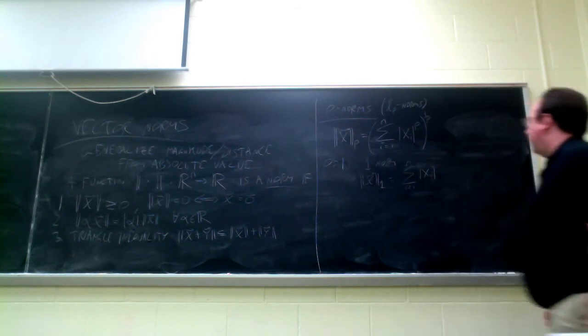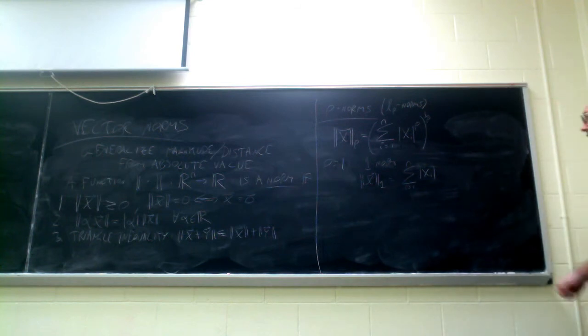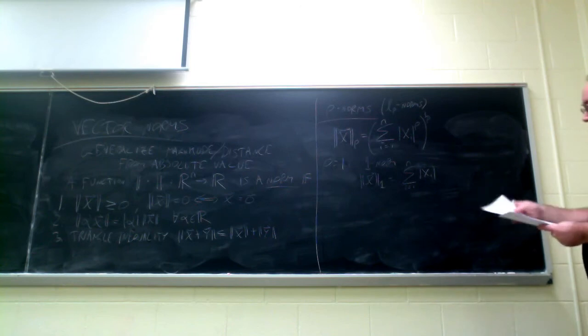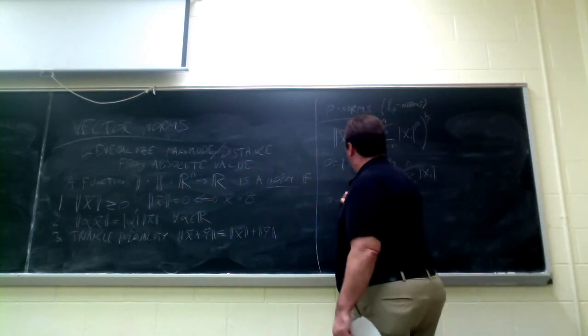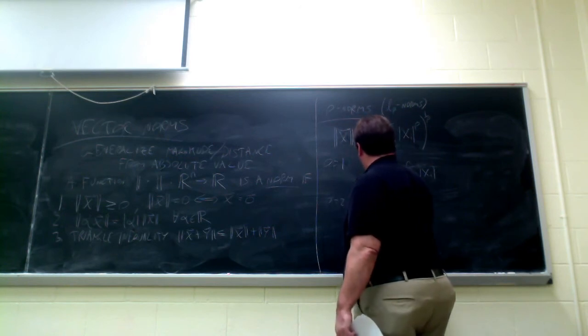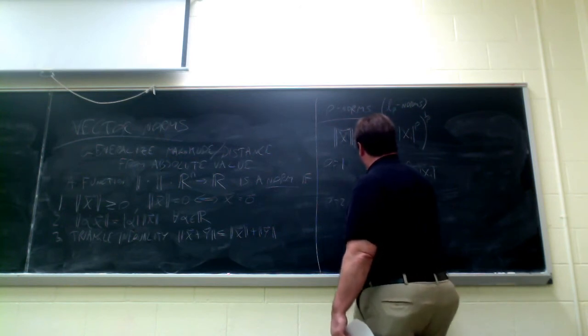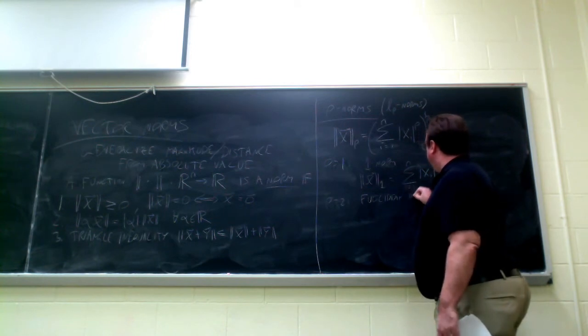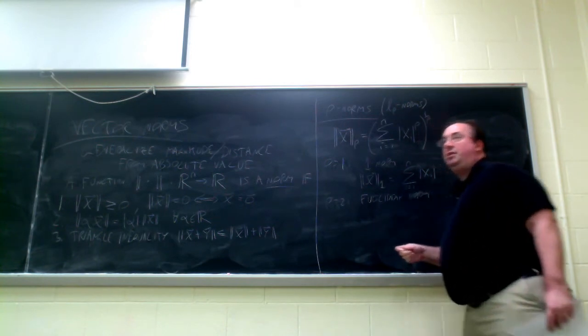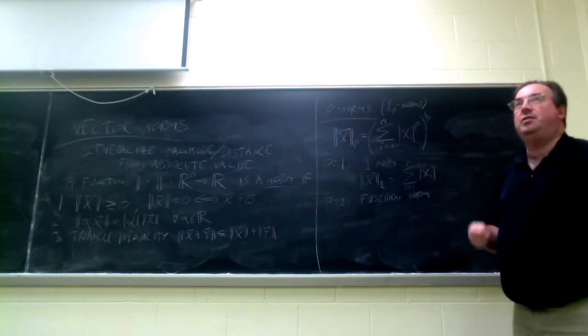then we use the sum of the absolute values. Okay. And then p equals 2. That's the 2 norm, but it's also known as the Euclidean norm because this is how we compute the magnitude of a vector in Euclidean space.